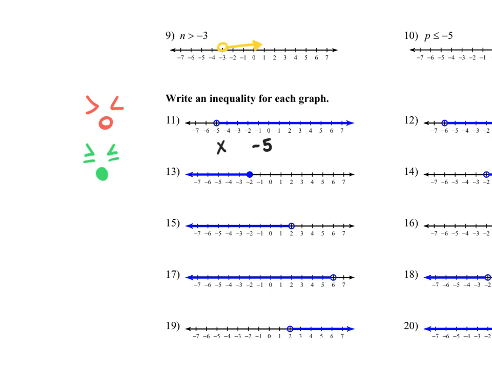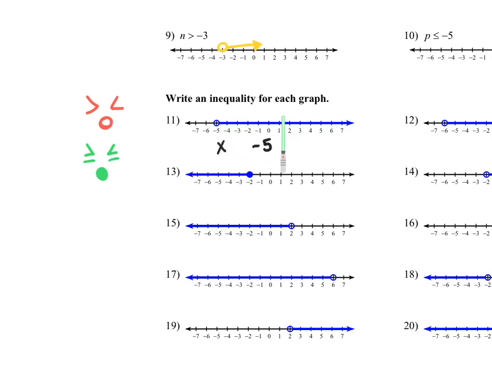Well, in this case, as we look at the first one, is our dot open or closed? Open. So you know you're going to choose one of these two up top, right? You got to choose what's in red up here because you want either greater than or less than. What you got to decide, what direction does this go in?